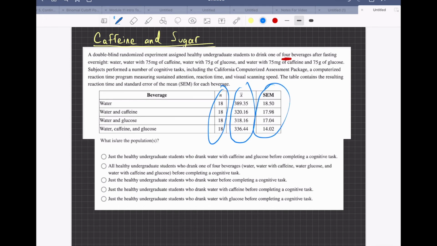What is the population here? It's going to be this one: all healthy undergraduate students who drank 1 of 4 beverages before completing the task.